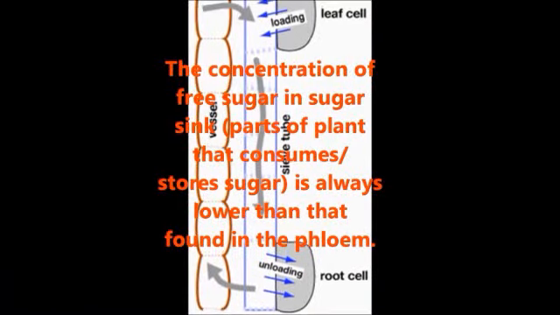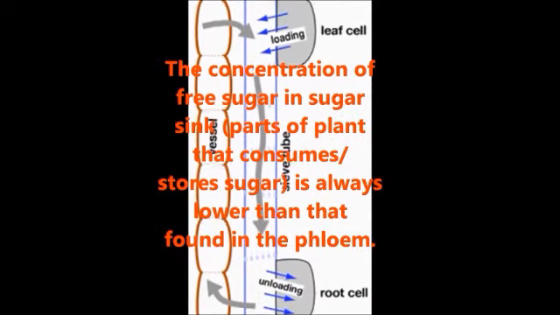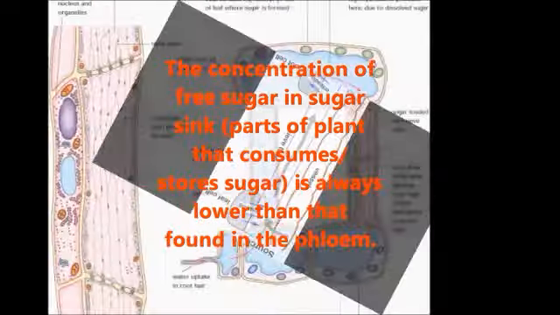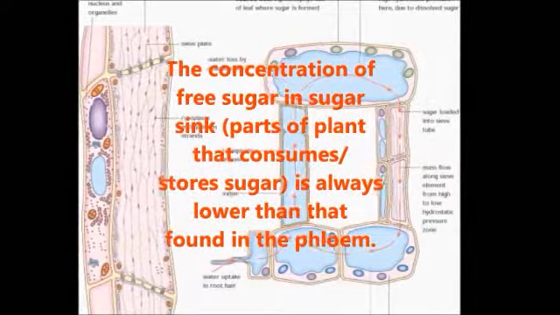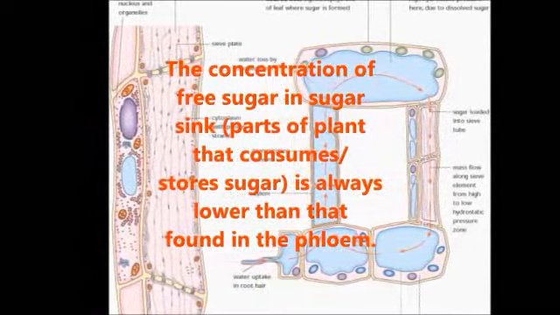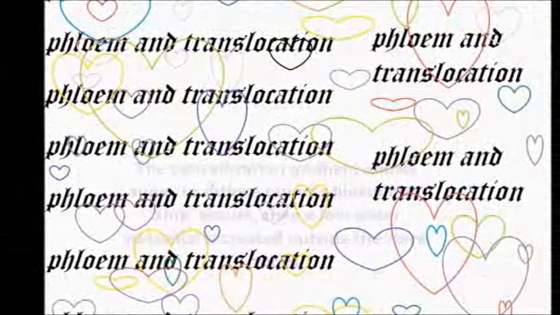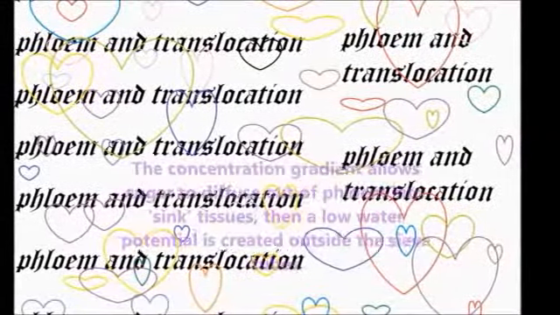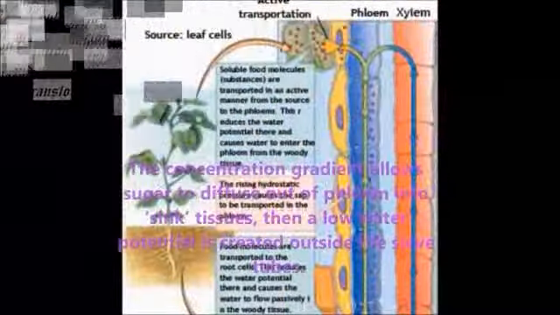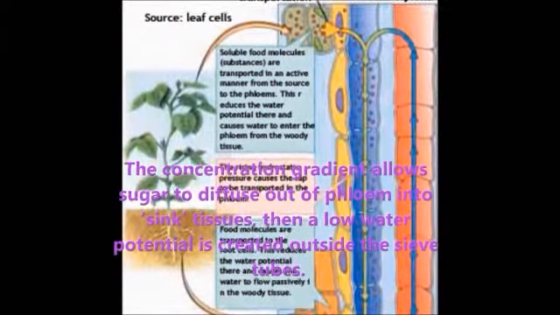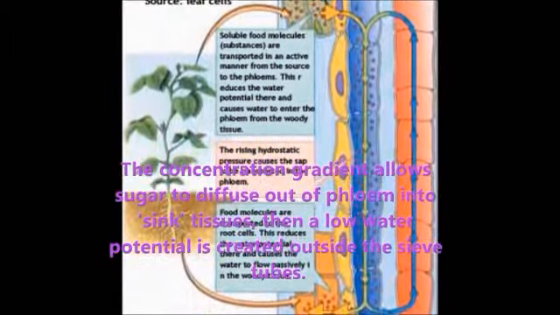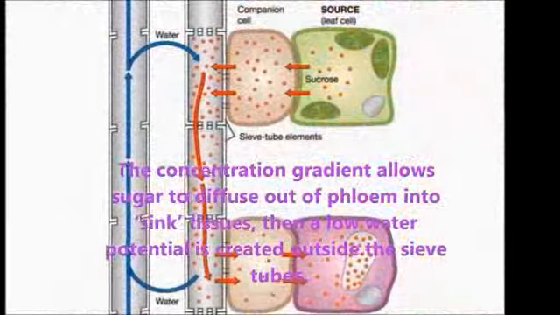The concentration of free sugar in the sugar sink is always lower than that found in the phloem. Sugar sink is the part of the plant that consumes or stores sugar. The concentration gradient allows the sugar to diffuse out of the phloem into sink tissue.